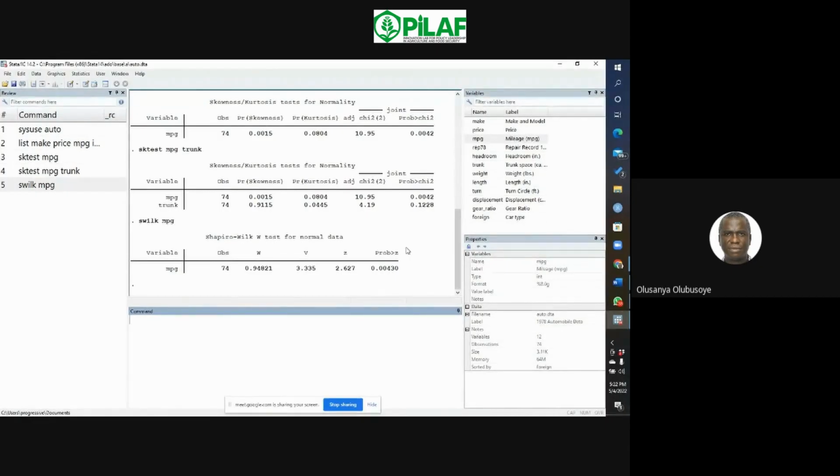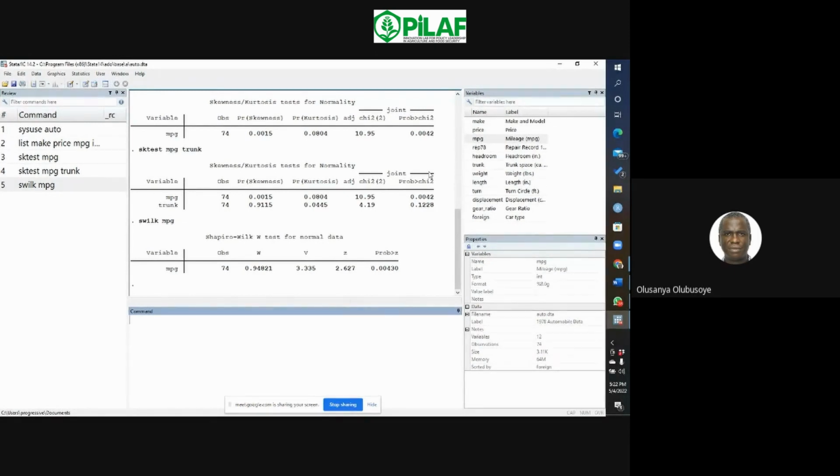Every researcher is the one that chooses his own alpha value. But the common ones that researchers choose are the three that I've just mentioned: 0.01, 0.05, and 0.10.